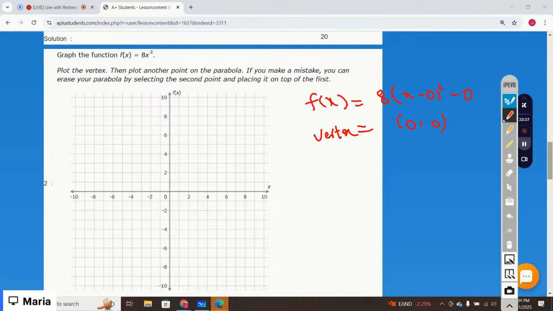So x equals 1. x is 1, y is 8. Here is 0, 0. x is 1, y is 8.